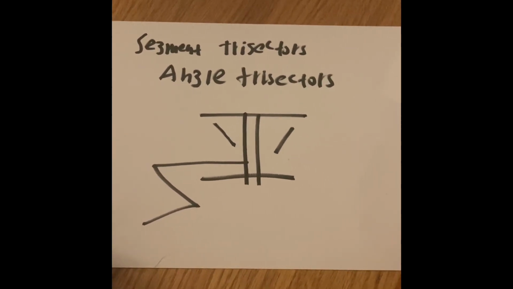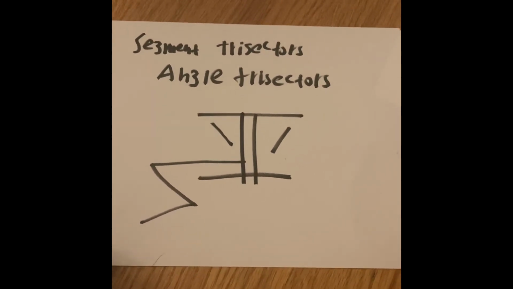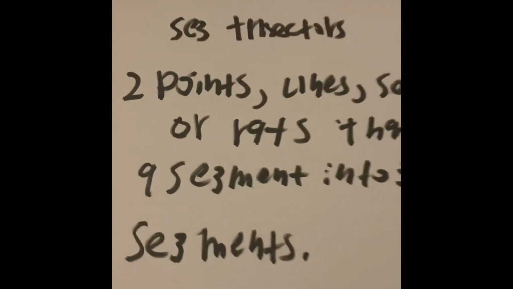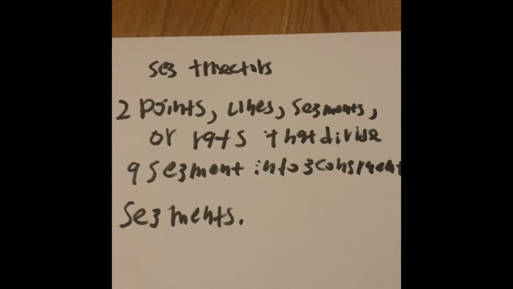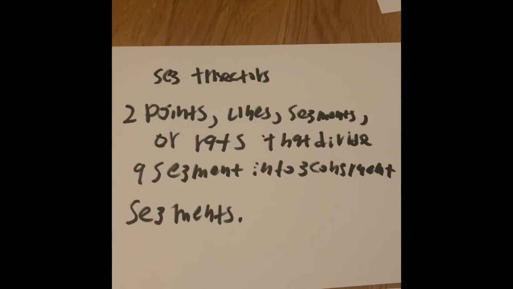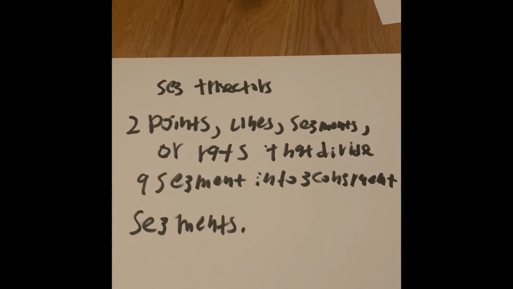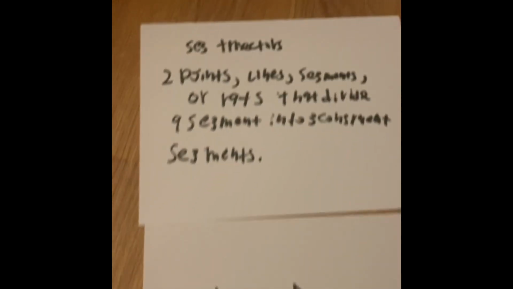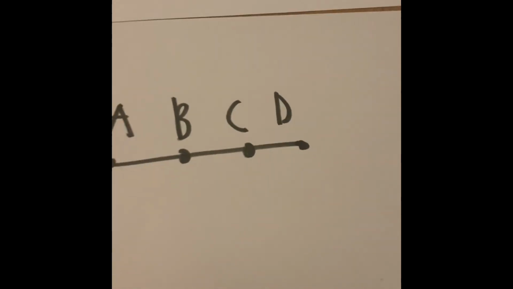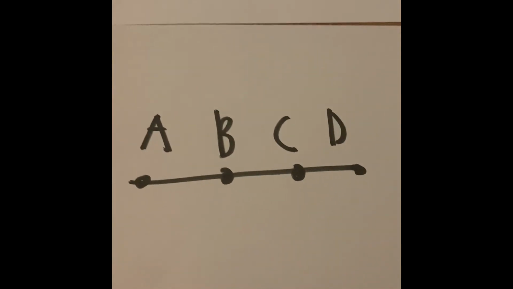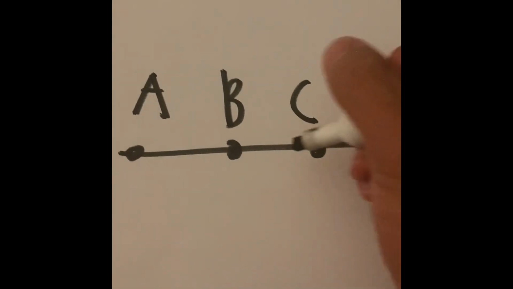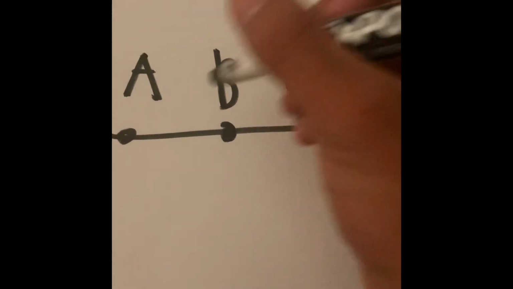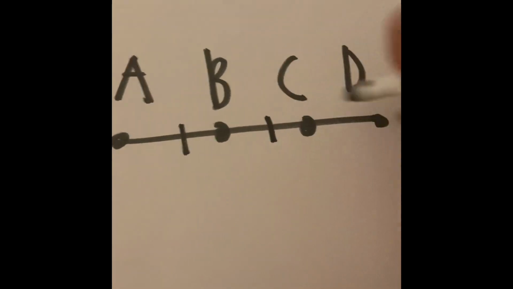So you probably will understand what this video is about before I even show it, because it has almost the exact same function. A segment trisector is 2 points, lines, segments, or rays that divide a segment into 3 congruent segments. So, unlike the bisectors, the scenario for a segment trisector happens when you have BC as a segment trisector, and it also means that they are all going to be congruent.